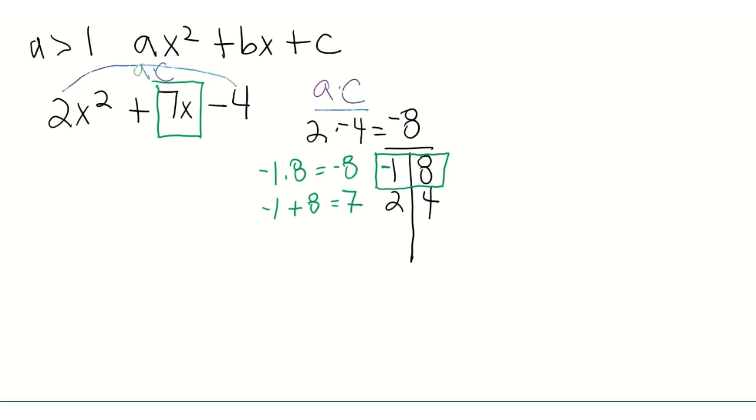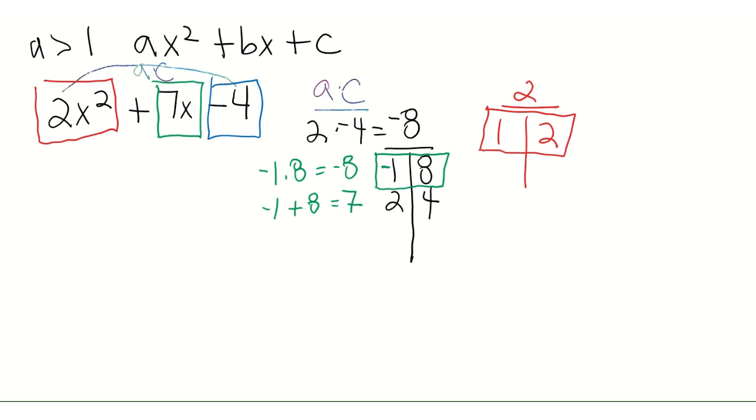Now I'm going to factor my a and my c. So a has a factor of 2, and that just has the factors of 1 and 2, so that's easy. We know we're going to be using those two numbers. And then we're going to do the factors of a minus 4.